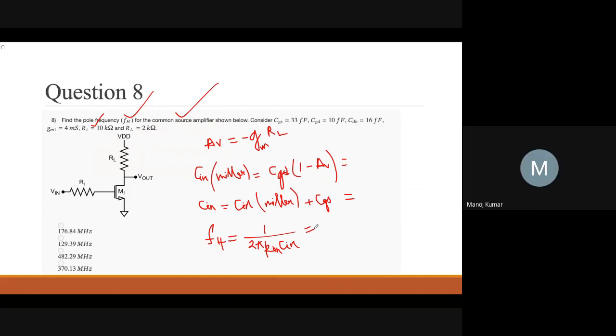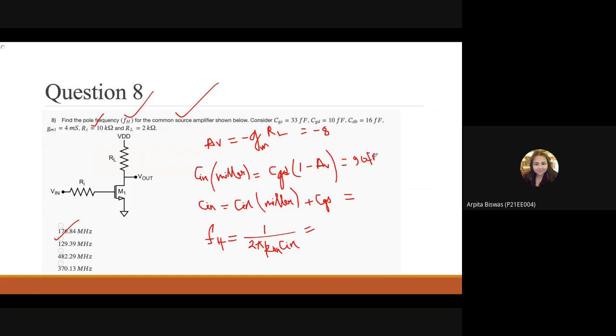Option B, ma'am, 129.39 megahertz. Yes, option B is the right answer. Now tell me what is the value of this AV? AV is equal to minus 8, ma'am. Okay, and what is the value of this C in Miller? 90 femtofarad. Yes, 90 femtofarad.